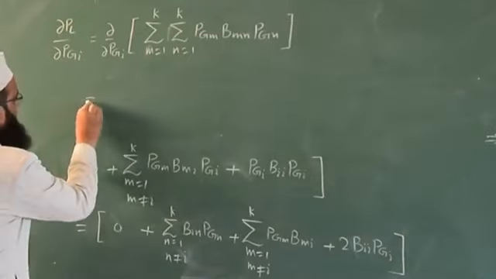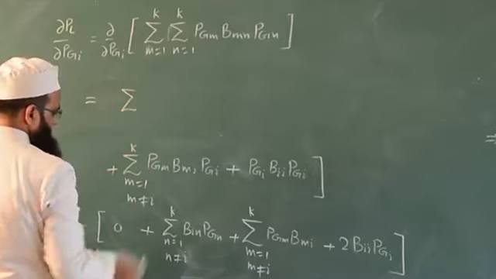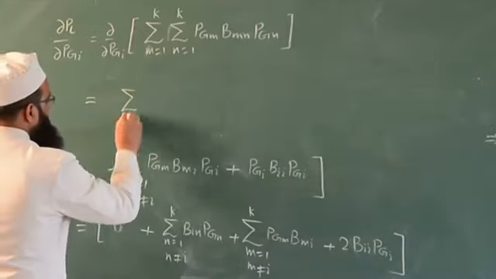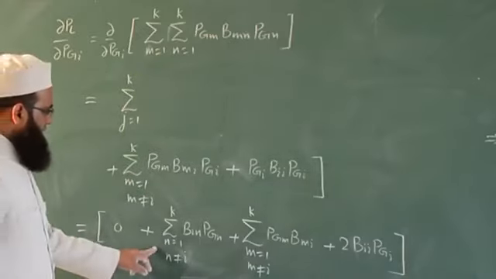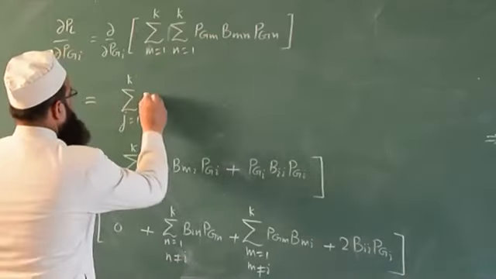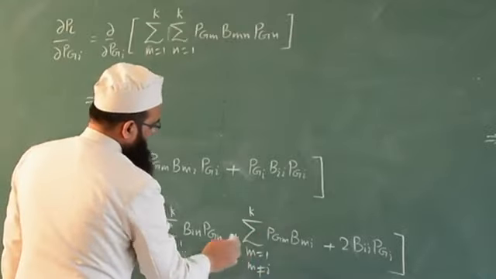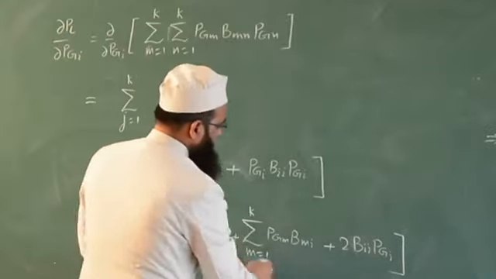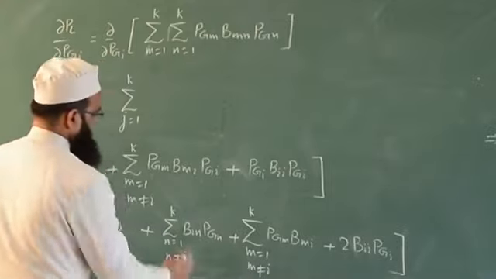This is equal to, let us denote it by j, j is equal to 1 to k, B_ij P_Gj. For this also we will represent by j is equal to 1 to k, so twice of that, because two terms are here, so the ith terms are also here and there.